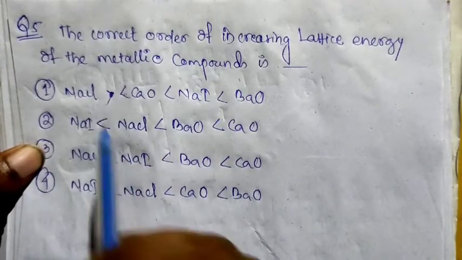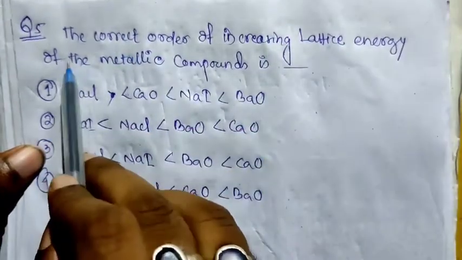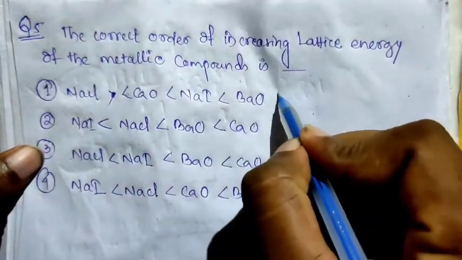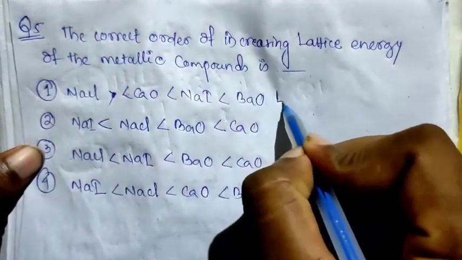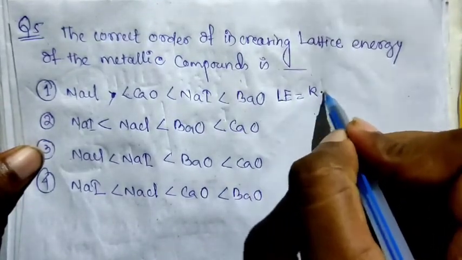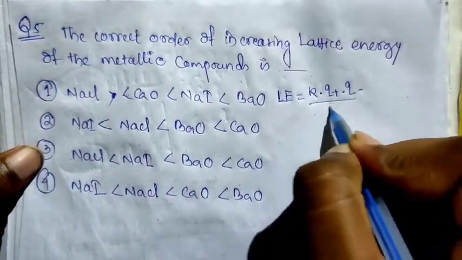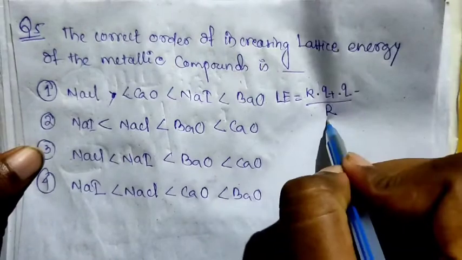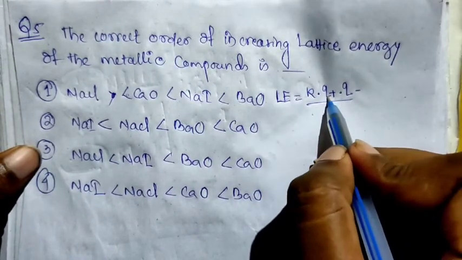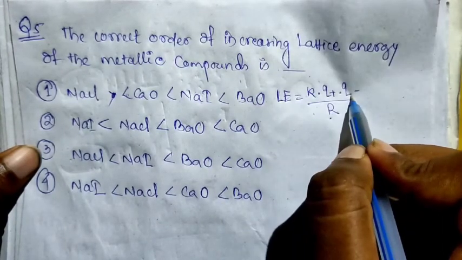Question number 5 says that the correct order of increasing lattice energy of the metallic compound is dash. We know that lattice energy equals K into Q plus into Q minus divided by R. Here R is ionic radii, Q plus is charge on cation and Q minus is charge on anion.